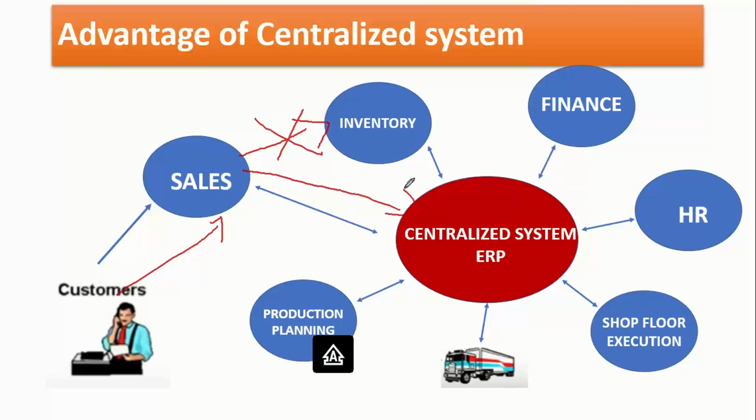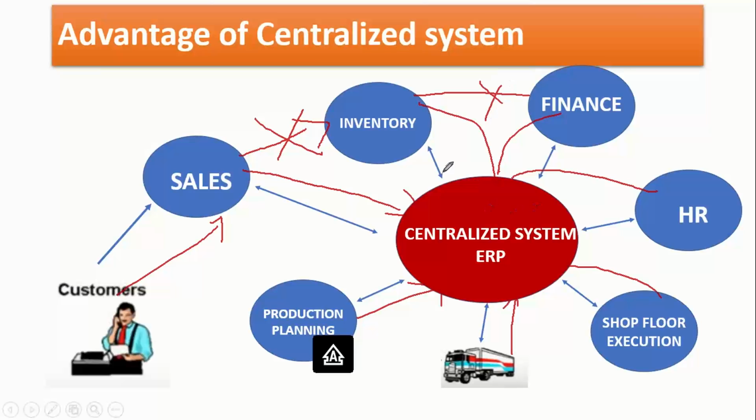It is a centralized enterprise management system, because every department dumps its data here. Every department's data, even vendors' also, right? So whenever they're dumping all the data here, there is no dependency from department to department, because it is centralized. One place, all the data is available.